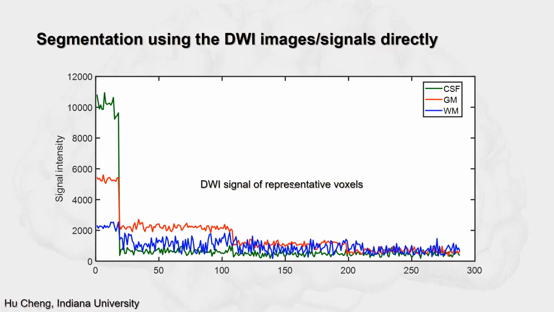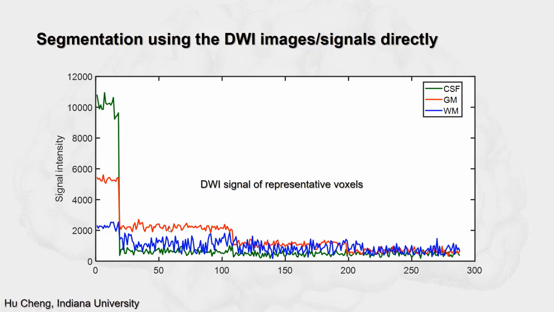Okay, let's switch gears to the second approach for brain segmentation using the DWI images or signals directly. The signal response to the diffusion sensitizing gradient is also distinct for gray matter, white matter, and CSF. This figure shows DWI signals of representative voxels for CSF, gray matter, and white matter.